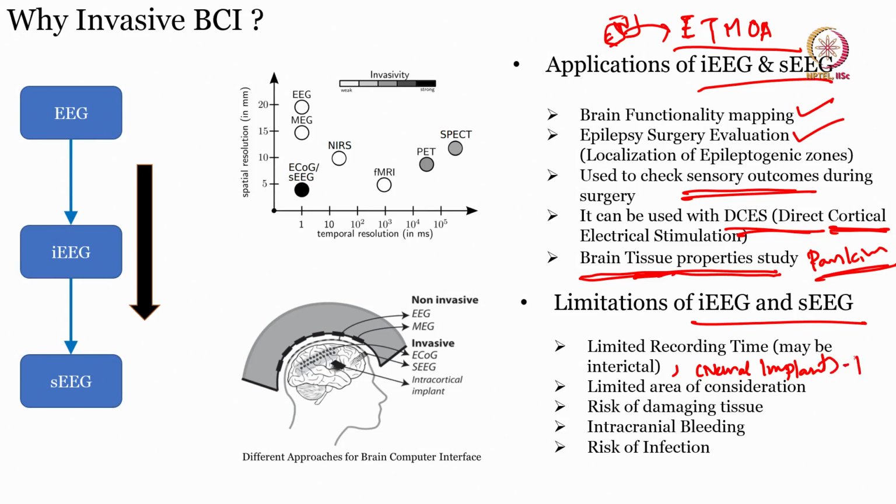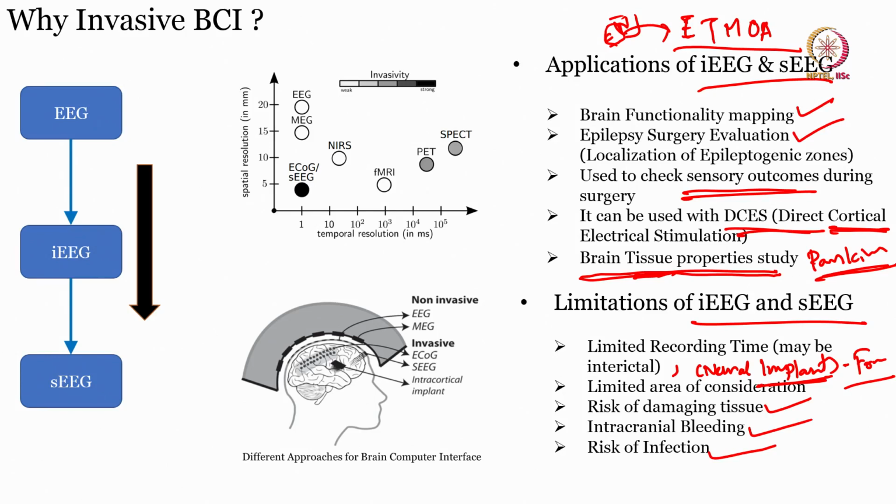It is also a foreign body, so you have to check the biocompatibility of the implant you are using. Again, you can check only a limited area in one procedure. There is the risk of tissue damage, intracranial bleeding, infection, all of which I have already covered. So these are a gist of the techniques and why we understood iEEG, sEEG and so on.